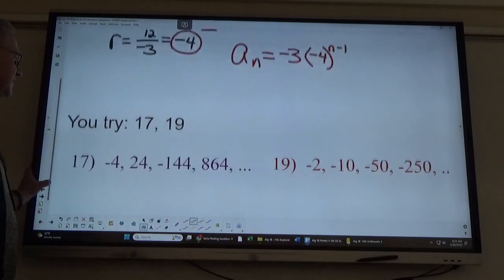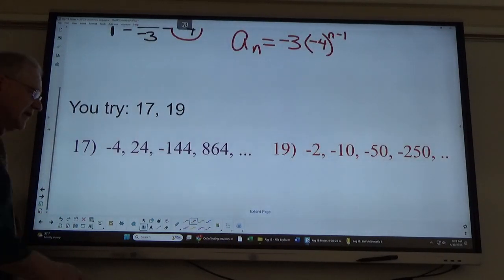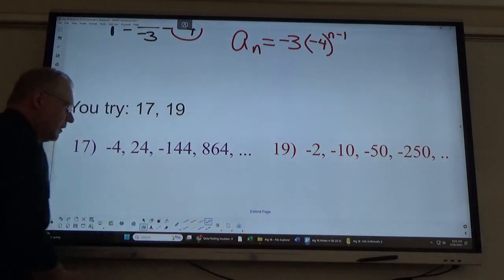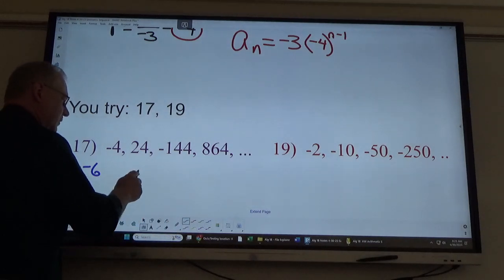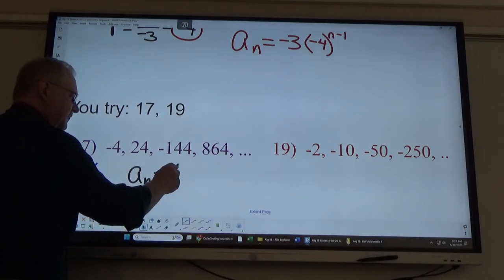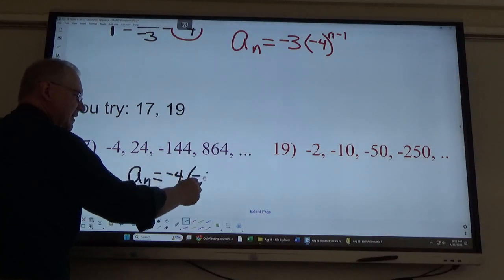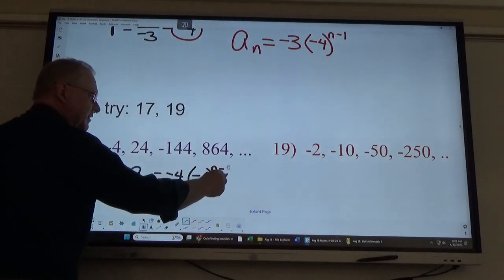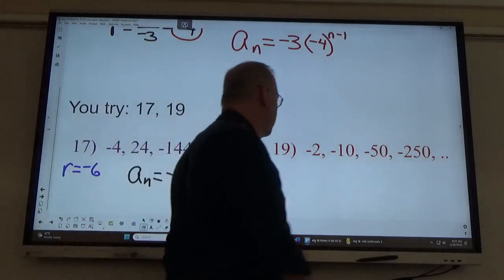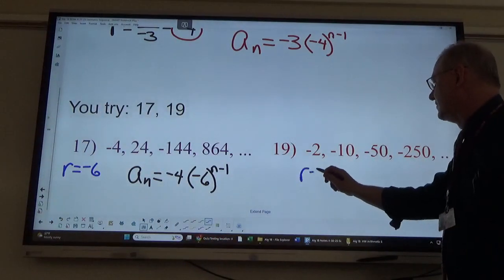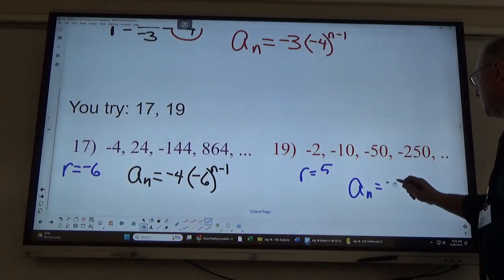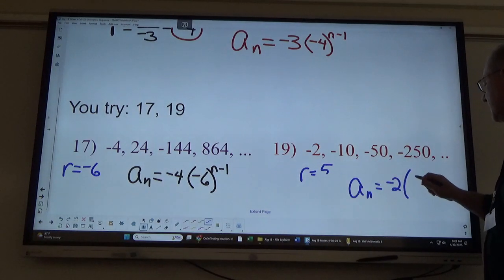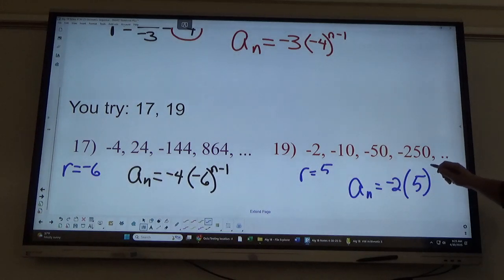All right, give these two a try and see how you make out. R here was -6, so a sub n is the first term, -4 times -6 to the n minus 1 power. Over here, r is 5, so a sub n is going to be -2, the first term, times 5 to the n minus 1 power.